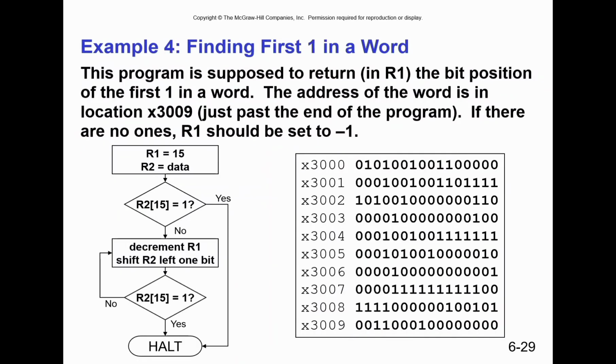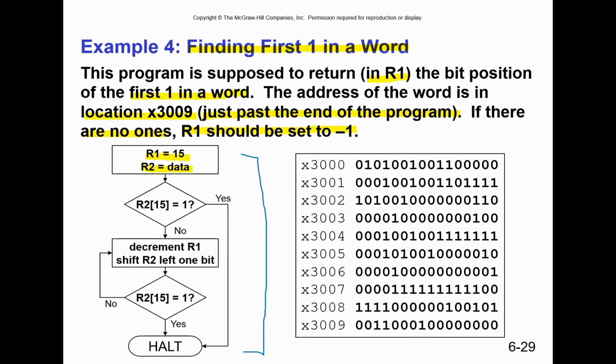For example 4, finding the first one in a word. This program is supposed to return in R1 the bit position of the first one in a word. The address of the word is in location x3009, just past the end of the program. If there are no ones, R1 should be set to -1. So we look back at the chart here. R1 is equal to 15 and R2 is equal to data.